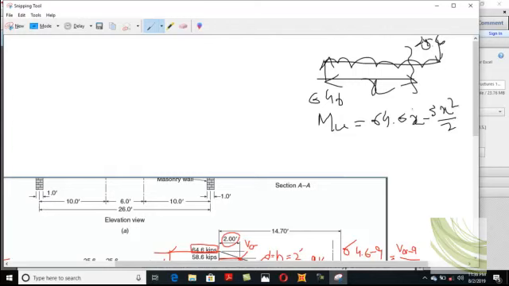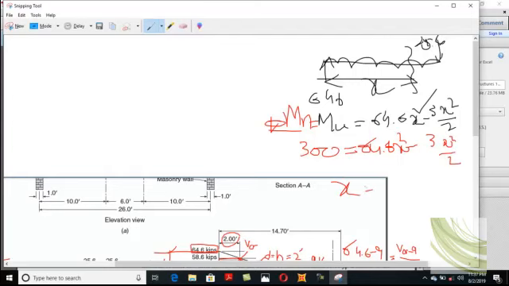So you need to determine this x value because at this point you compare this Mu with phi Mn, and that phi Mn now will be 300. Clear? So 64.6 into x minus 3 into x squared divided by 2. Now determine the x value from this equation.